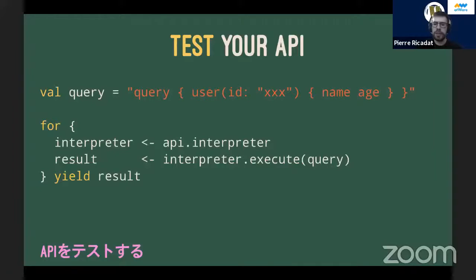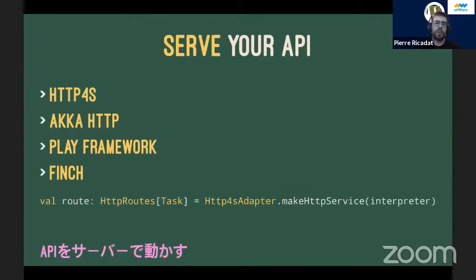So that is great to test a query, but usually what you want is to serve your API. So you want to expose it by HTTP so that clients can actually use it. So for that, Caliban has 4 separate modules, one for each different HTTP library. There are a lot of HTTP libraries in Scala, so we had to have a lot of different modules.